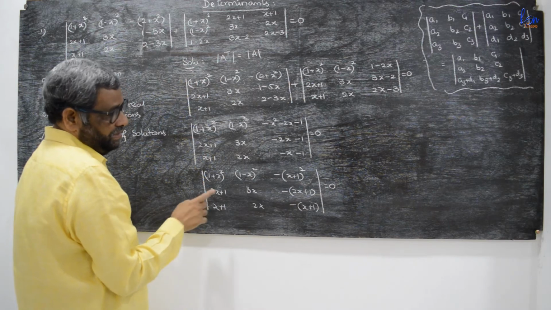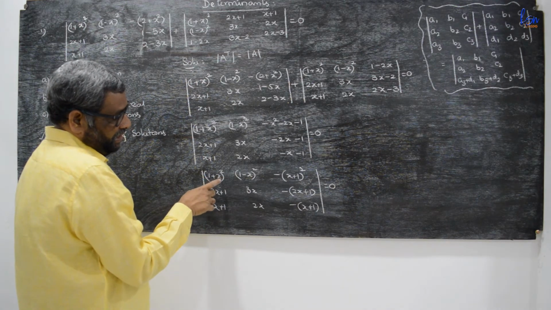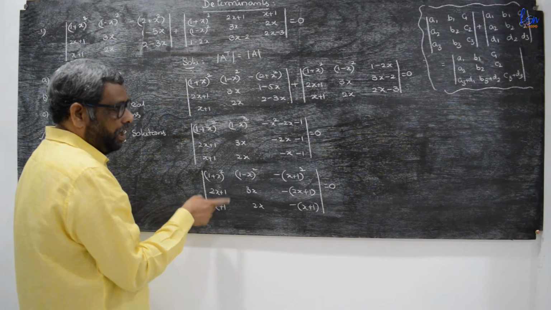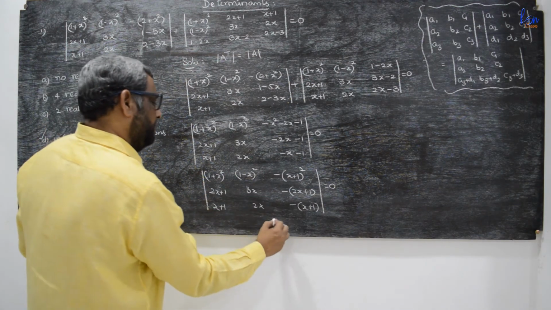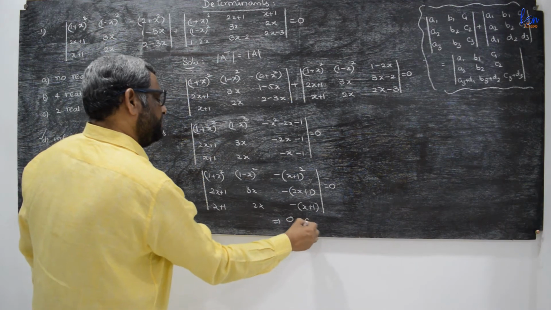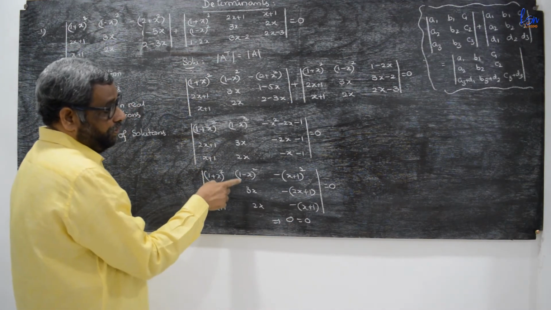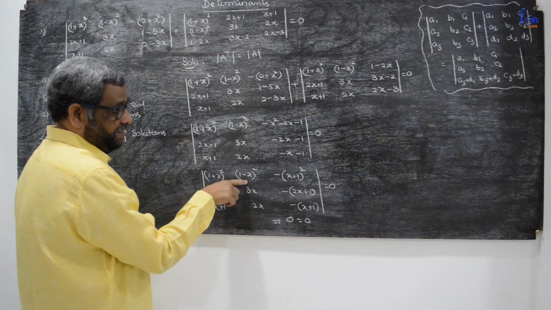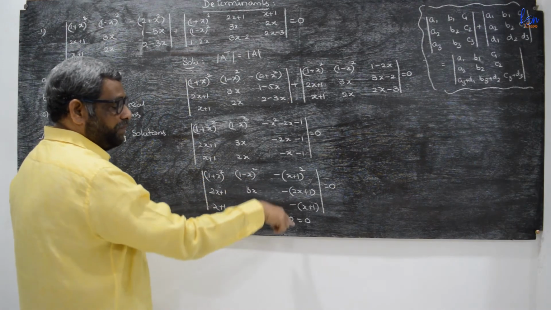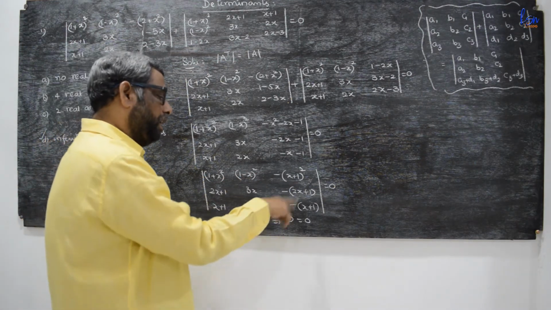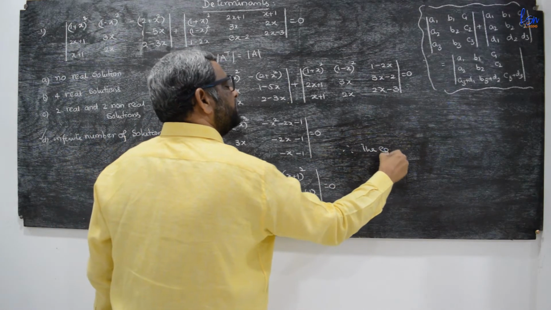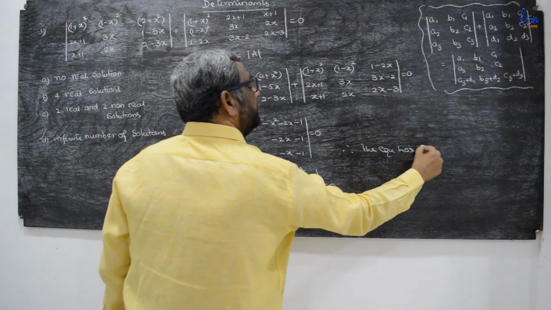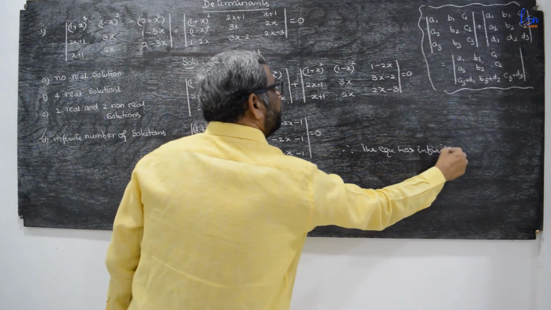That means in a determinant, if the elements of any two rows or any two columns are proportional, then the value of the determinant is 0. So it is 0 is equal to 0. That means without taking the value of x into consideration, this determinant becomes 0. Therefore it is true for all x. Therefore the equation has infinite number of solutions.